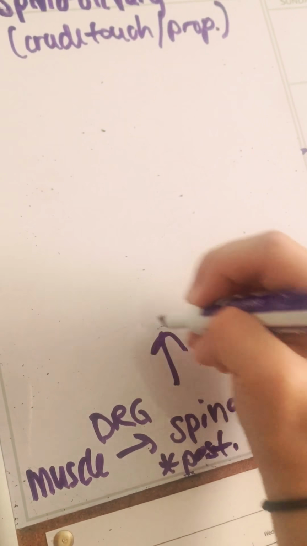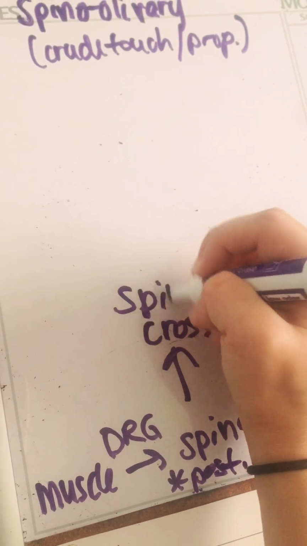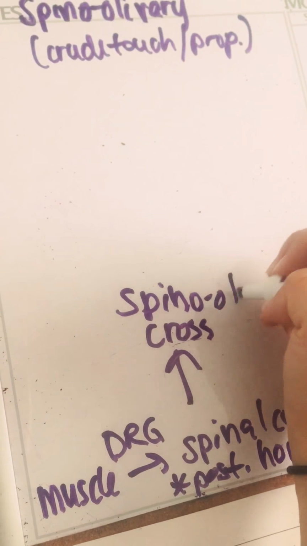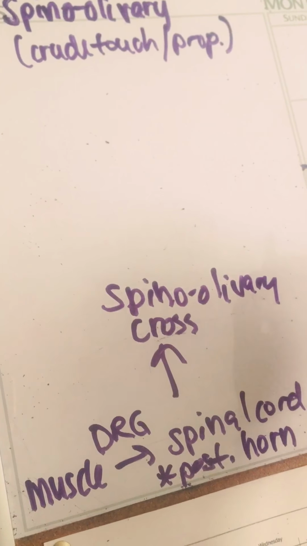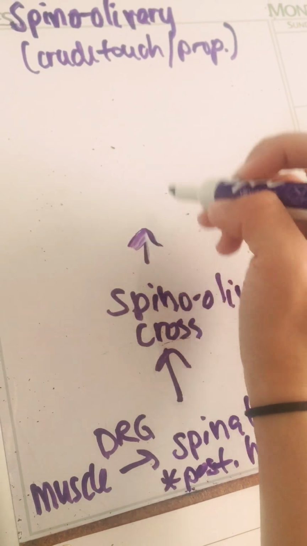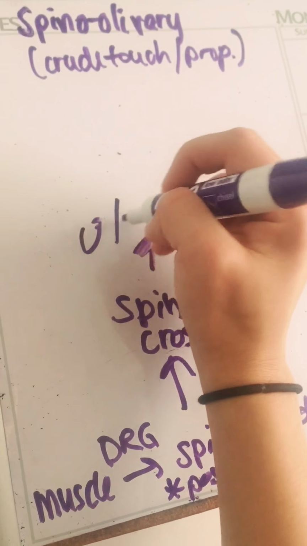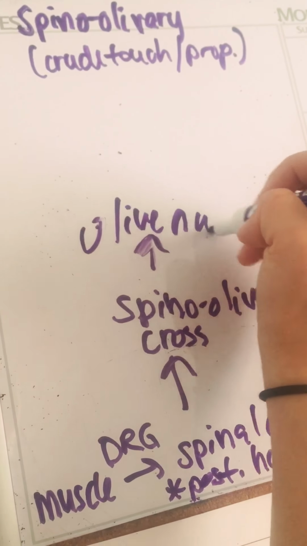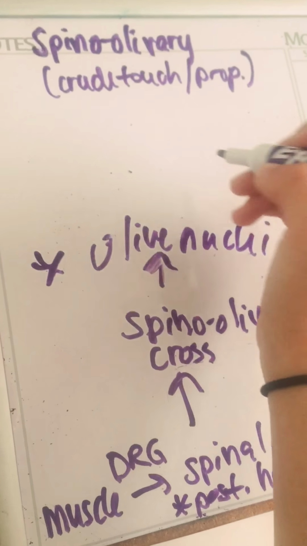This one will cross to the spino-olivary tract, and it will continue until it gets to the olivary nuclei, which is in the medulla. And it will synapse here as well.